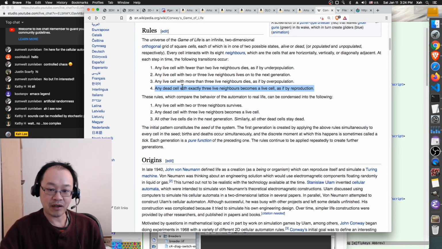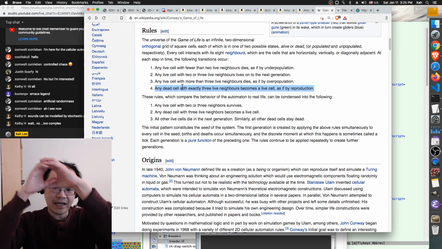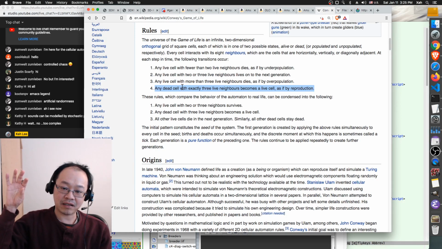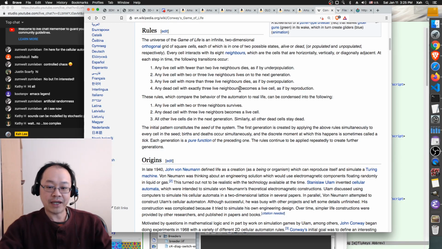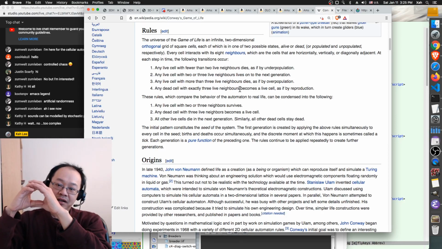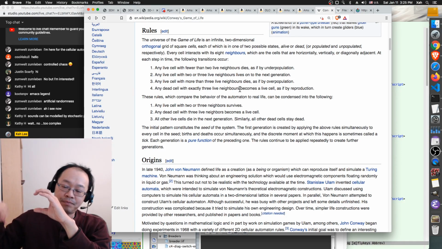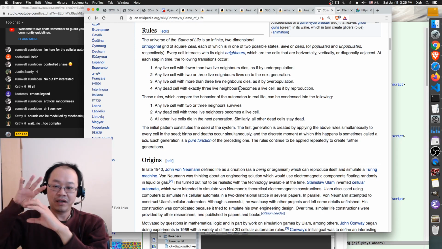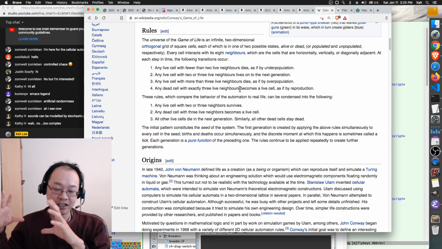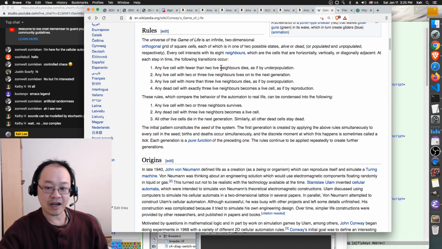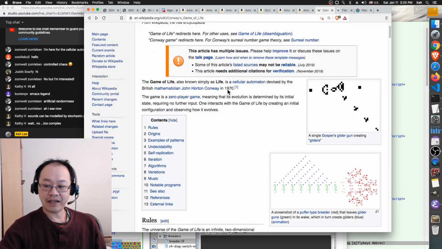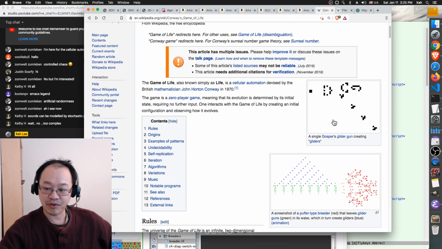And an empty cell with exactly 3 black cells as its neighbors becomes alive in the next generation. It becomes black too. So these are the very, extremely simple rules, and they create a pattern like that.